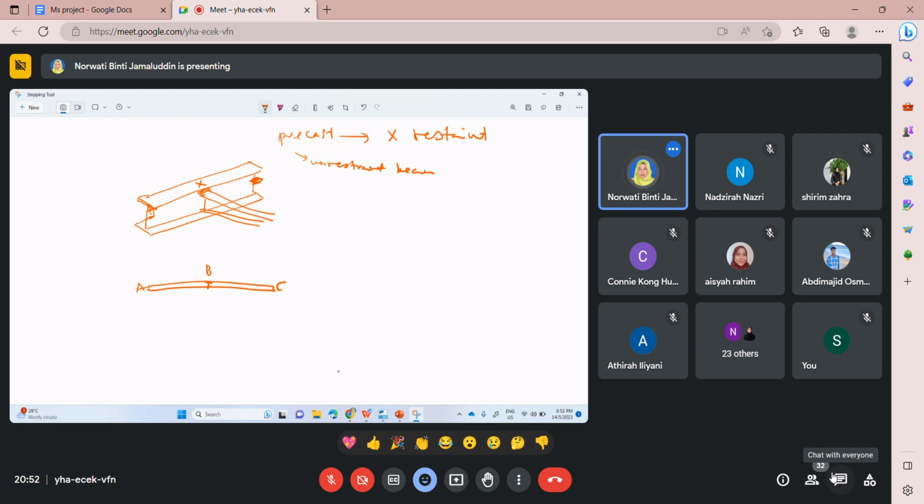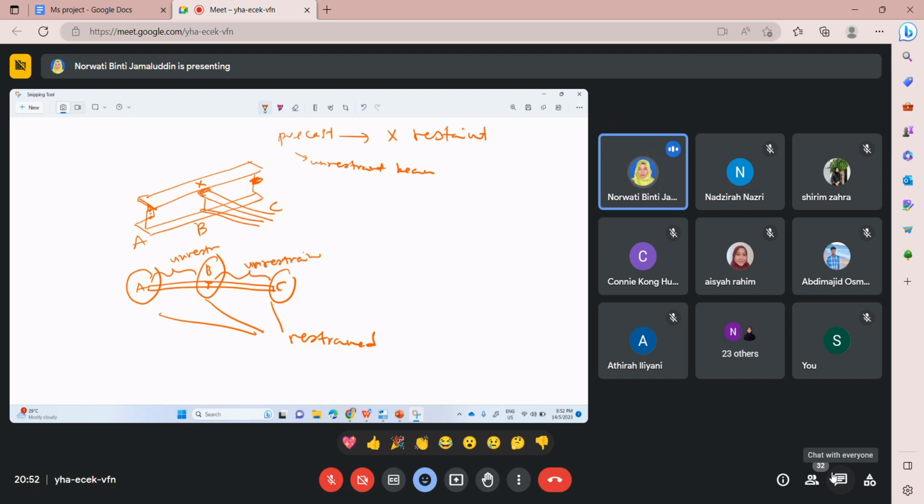So in this case, for this beam, point A, point B, point C, at these specific points there will be restraint. But in between A to B, it is unrestrained. B to C is also unrestrained.